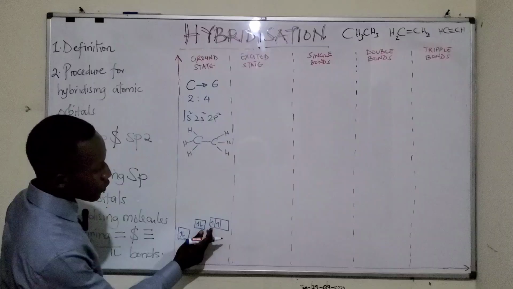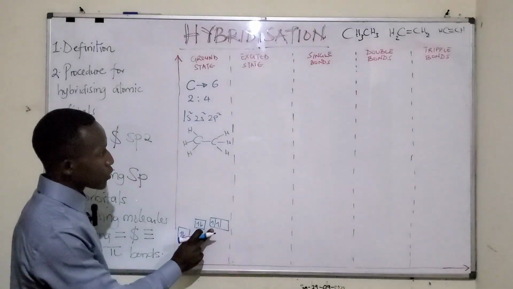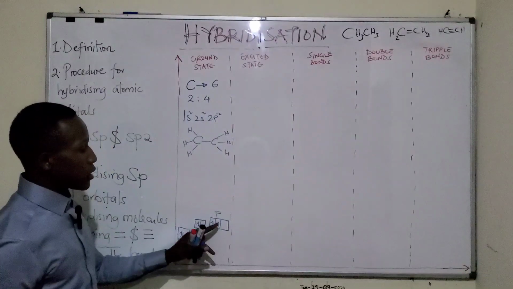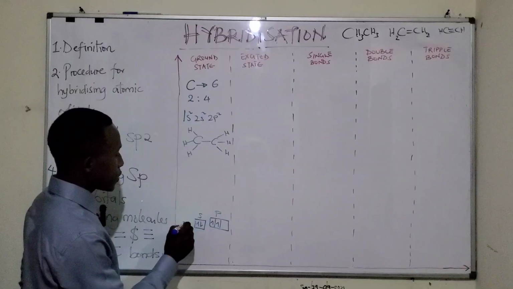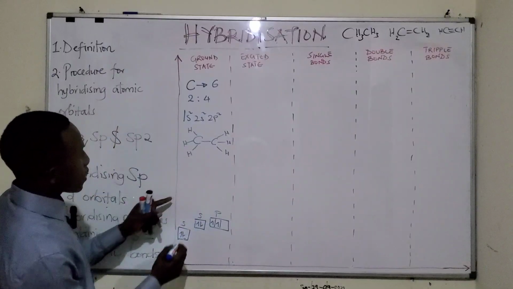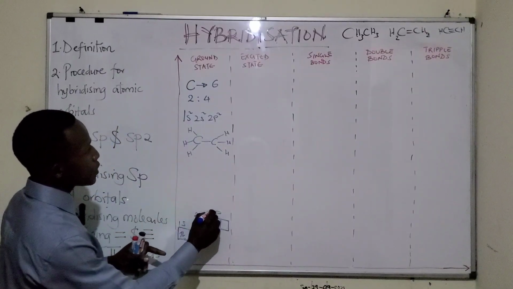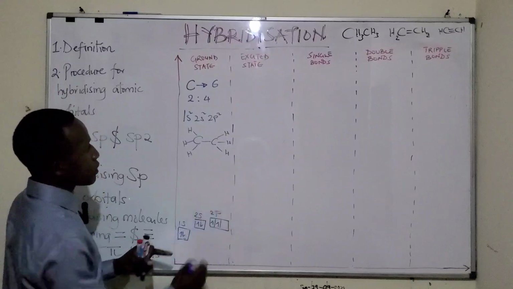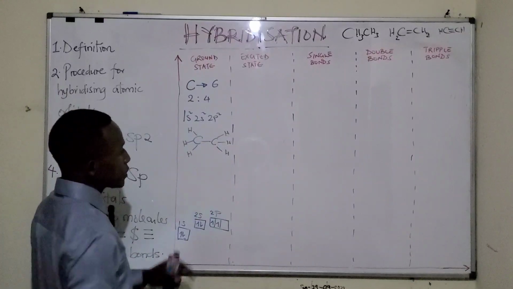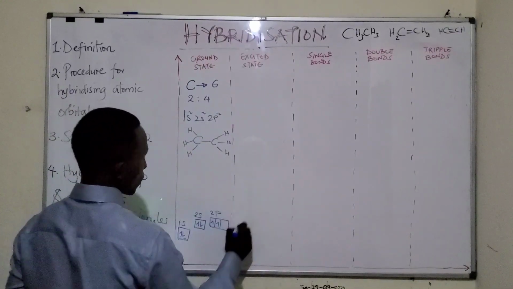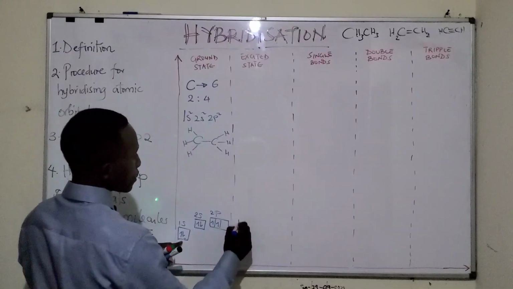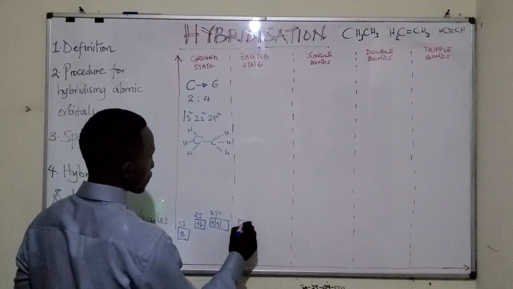But here we have only 2 unpaired electrons in the p subshell. This is the 1s, this is 2s, this is the 2p.